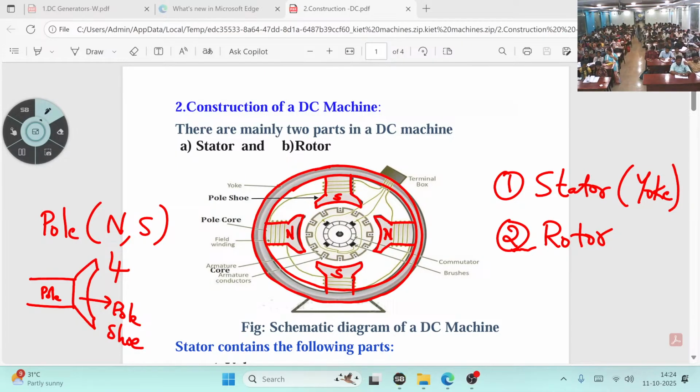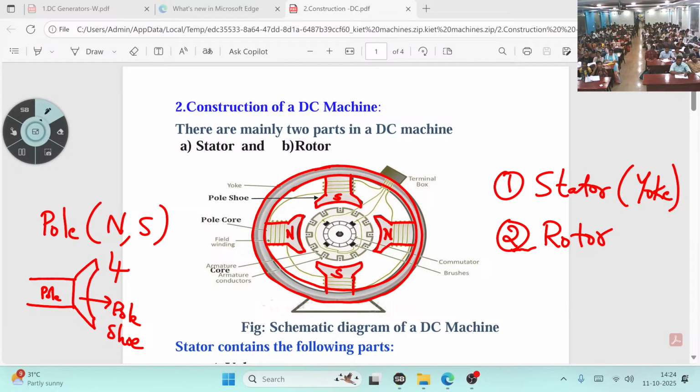Now what is the difference between pole and pole shoe? Pole shoe is attached to the pole. But how does it look? Where is the rotor?